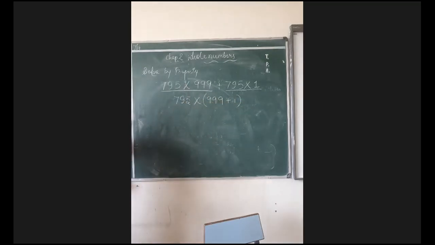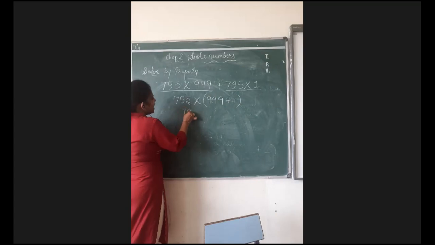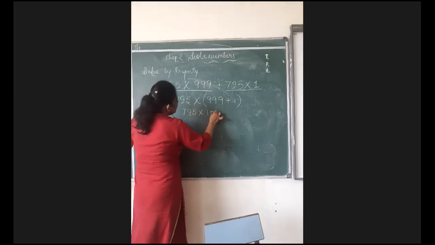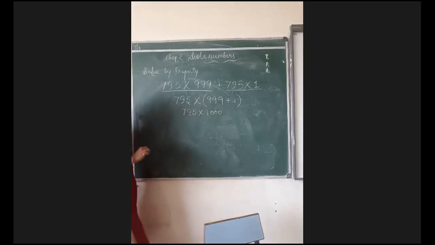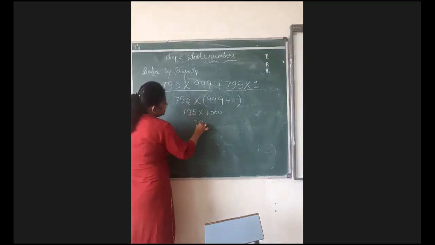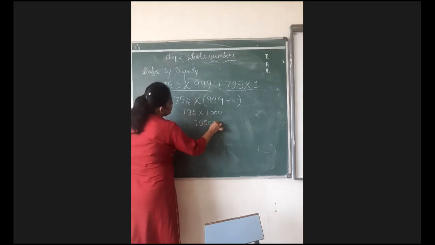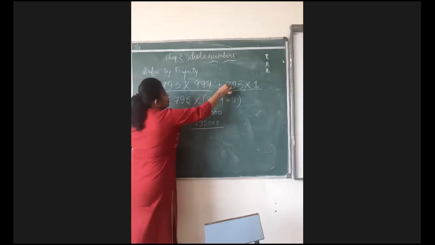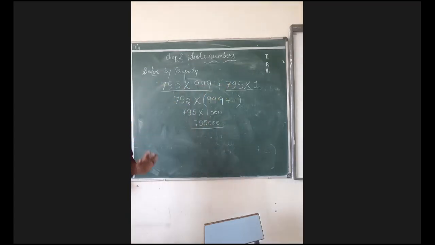Whenever you add these two, 999 plus 1, it will give you 1000. And after multiplying 795 with 1000, you will get 795 with 000. This is the complete answer for this particular question.